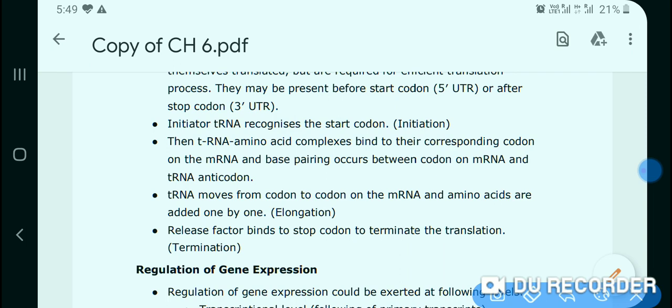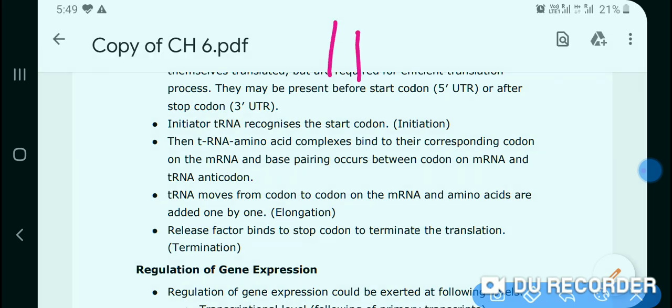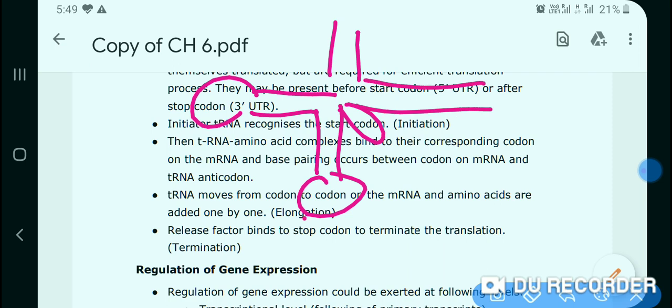You can see here, this is transfer RNA, here is the anticodon, here is mRNA.